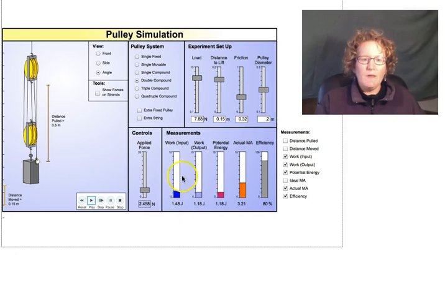We're still gaining potential energy and we're still doing work, but you can see that the work here isn't the same. The work input, the amount of work we had to do to lift, is not the same as the work output, the work that was done to the weight. Because some of that work went into overcoming friction, and that turned to heat.